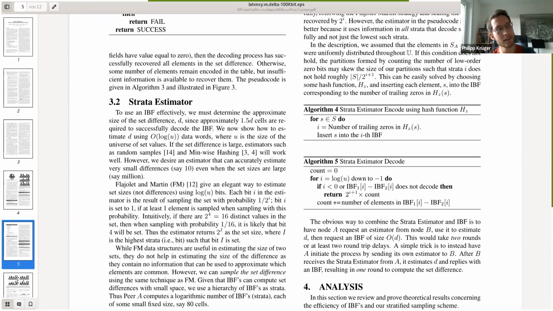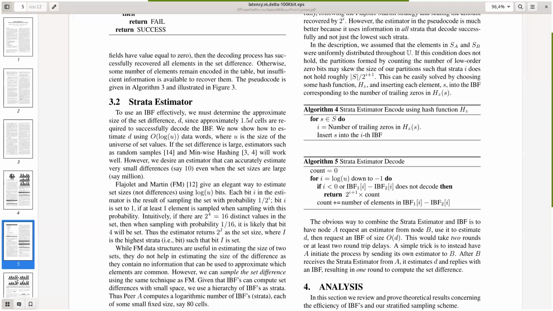So when I read it, I felt that when they are dividing the IBF from 0 to the ith, 2 to the power L, log of 2 to the power L, they are still using different k hash functions to insert, similar to what they are doing in the IBF implementation when you're inserting an element.